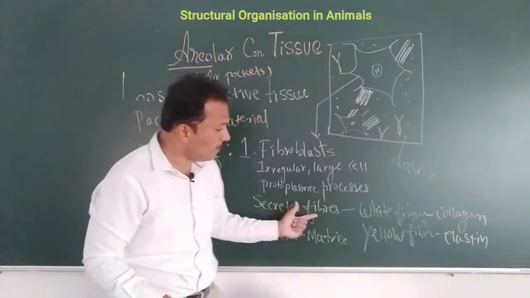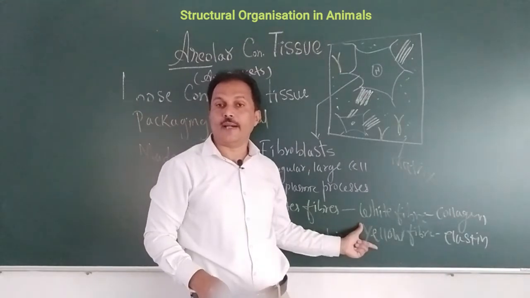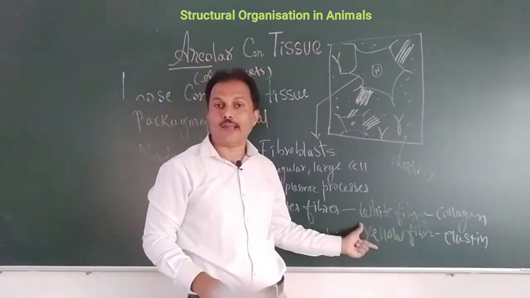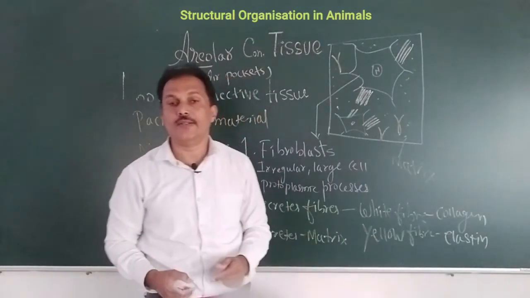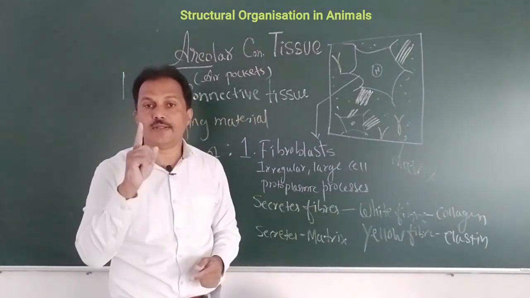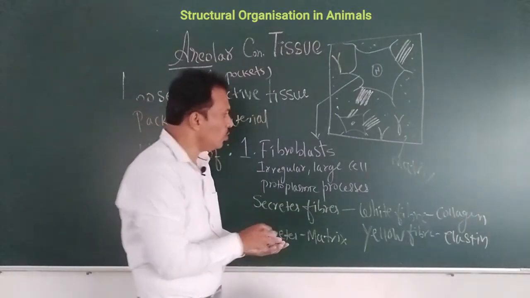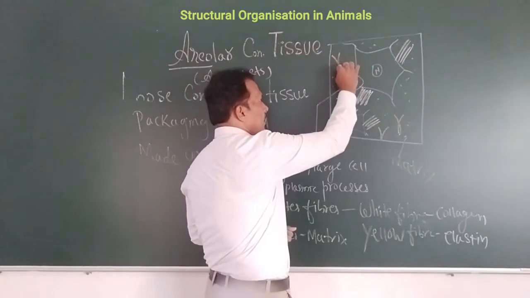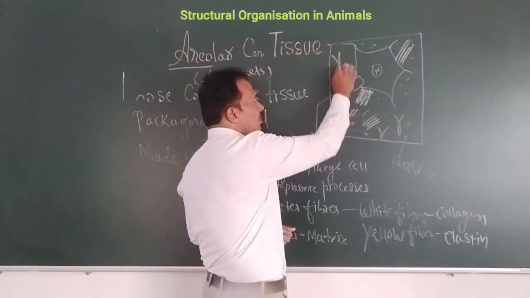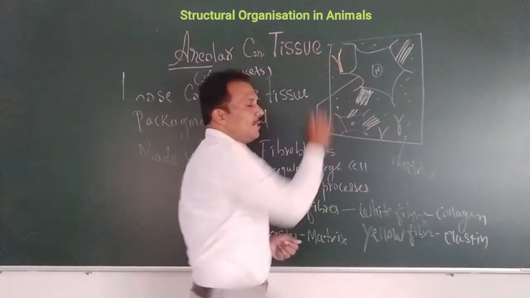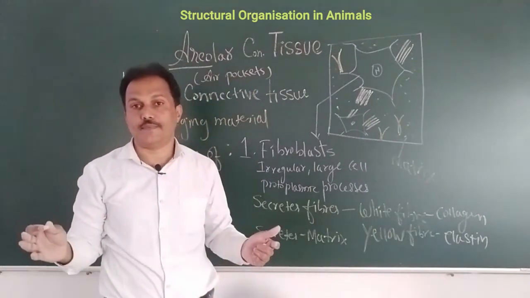The second type of fiber is the yellow fiber secreted by the fibroblast, known as elastin. Elastin is always present singly. If you just have a look, this is the elastin fiber, and it is single and branched.